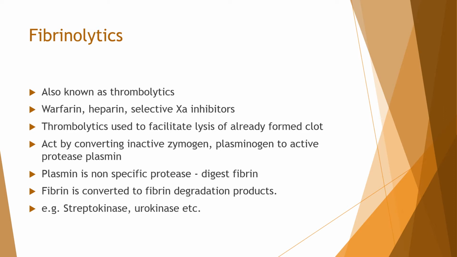So this fibrin thread will be digested by plasmin, the activated form of plasminogen. Fibrin is converted to fibrin degradation products by the fibrinolytic agents. Examples of drugs specifically used as fibrinolytics are streptokinase and urokinase. To a certain extent, the anticoagulants also possess this kind of property.